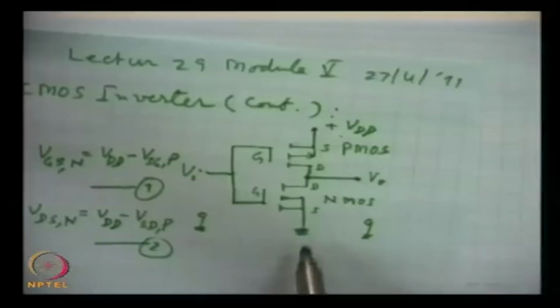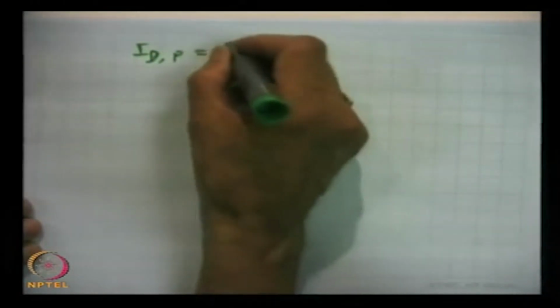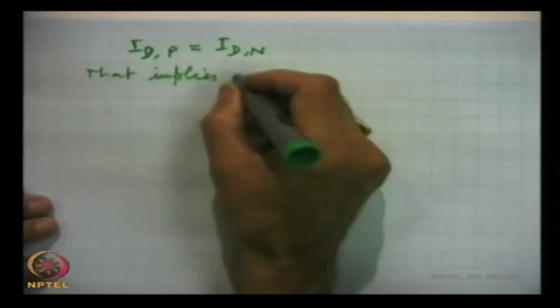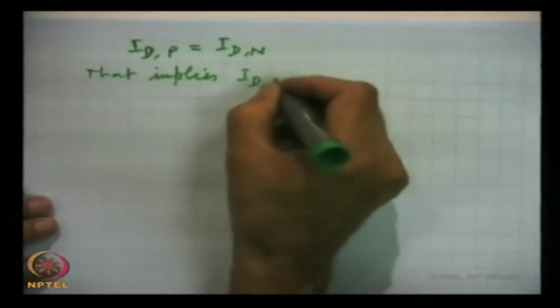The MOSFETs are in series. So, that will imply that the drain current in the PMOS should be equal to the drain current in the NMOS, because both are in series, and that implies that IDP is equal to 0.